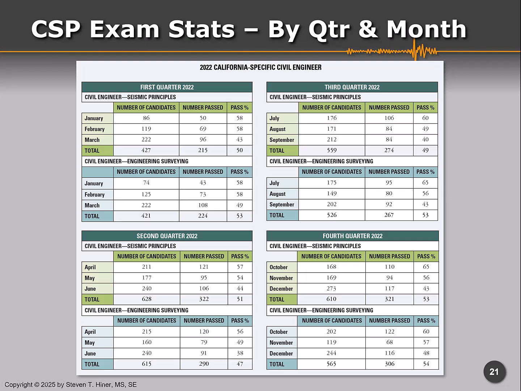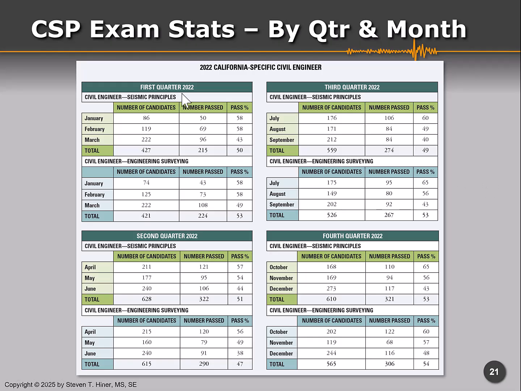Now, normally the board will publish the results by quarter, passing percentage and the number of people who took it. Back in 2022, in one of the board's bulletins, they broke it down even further. Instead of just quarter, it was by month for the quarters.